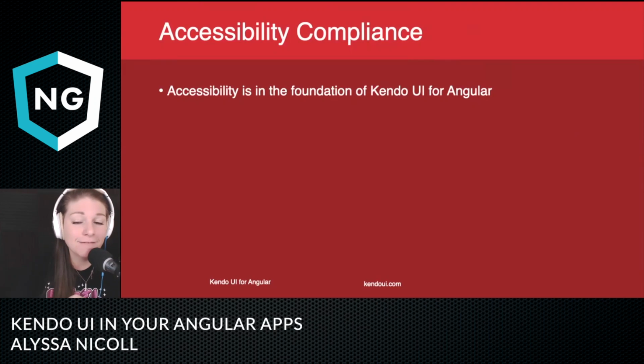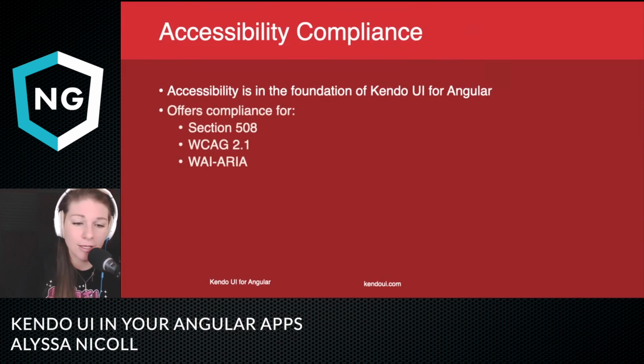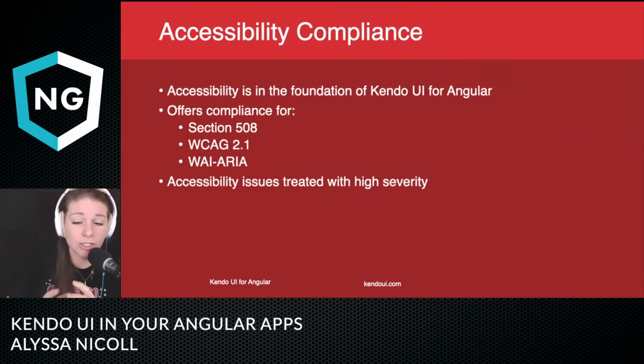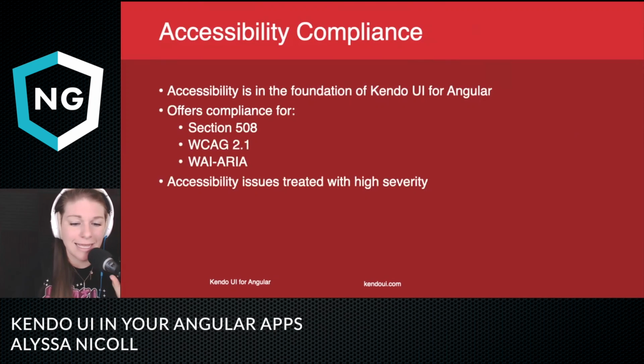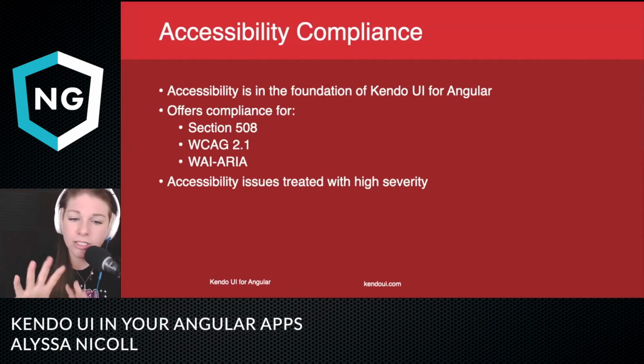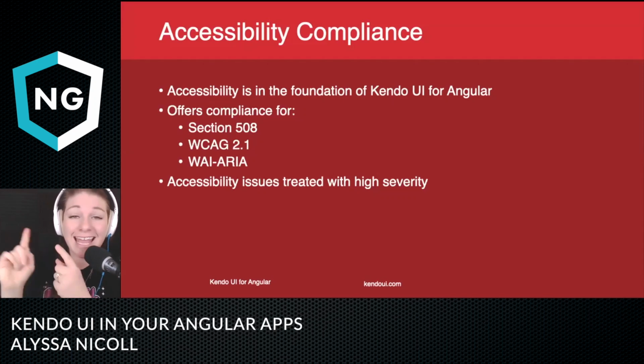Accessibility is in the foundation of Kendo UI for Angular. We offer compliance for Section 508, WCAG, and ARIA. Accessibility issues are treated with high severity. I can vouch for that. We do take accessibility super seriously, and we have a feedback portal. The feedback portal is not just for accessibility issues. It's for any issue, feature, or component request that you have.